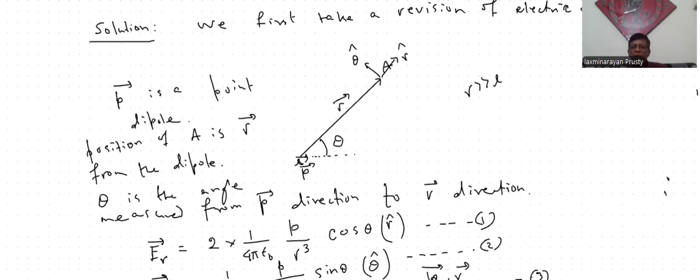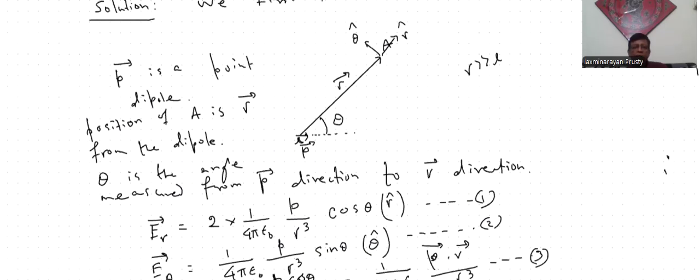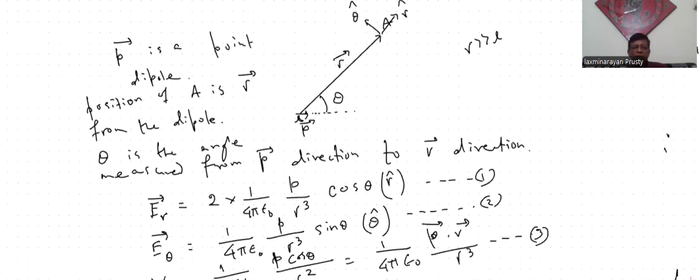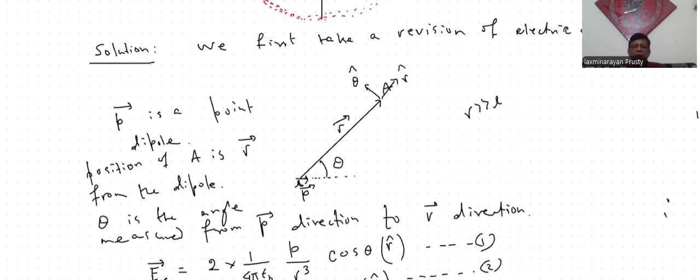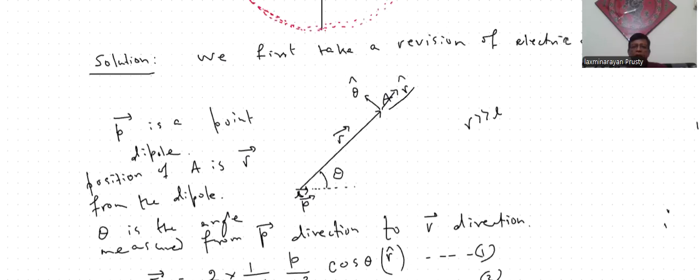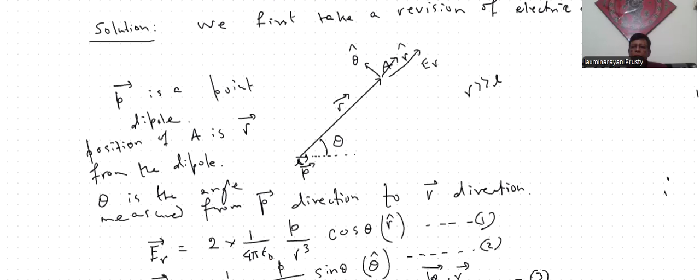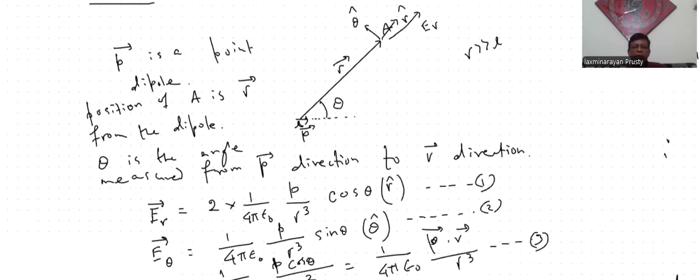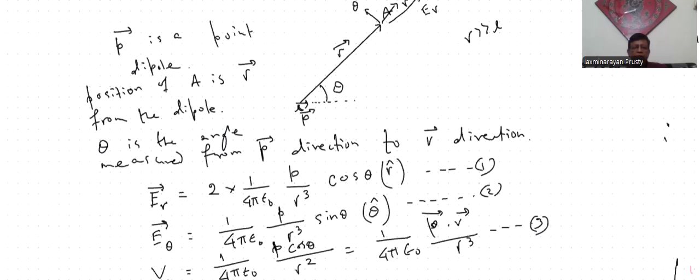You must be aware of this. The field in the R cap direction, I call it ER, is 2K P by R cube cos theta, where K is 1 by 4 pi epsilon 0.